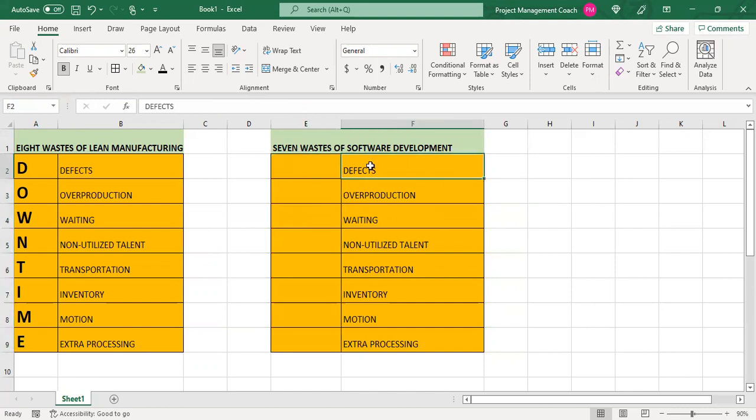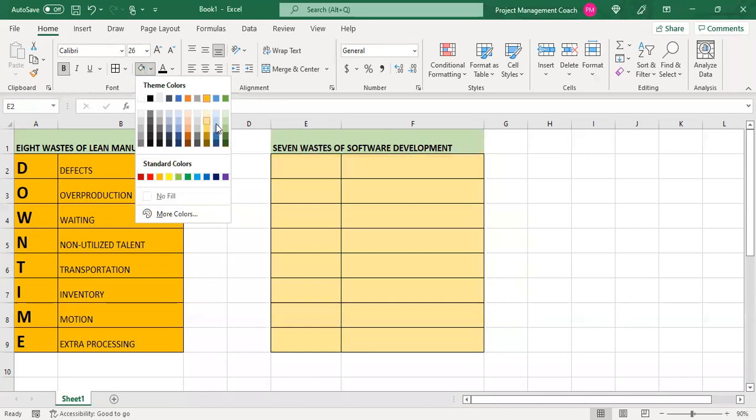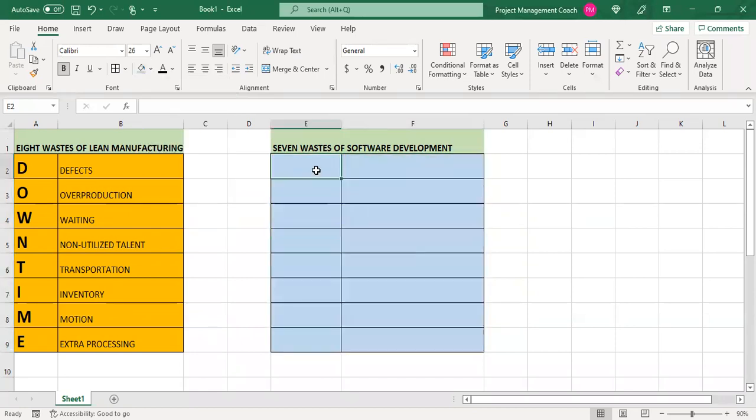We are going to replace them with something else. All right, so let's begin. So let us go ahead and change this just to compare and contrast. Now, D is going to be for defects in the 7 wastes of software development.